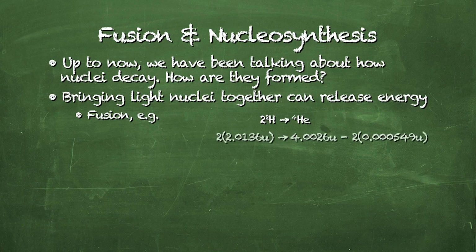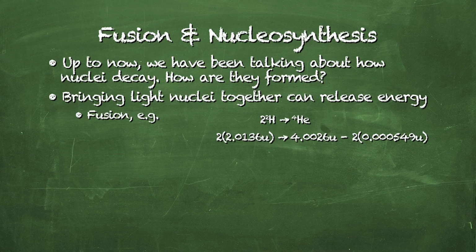You would have 2 times 2.0136 atomic mass units for each hydrogen-2 nucleus, and that goes into 4.0026 atomic mass units, which is the mass of a helium atom.